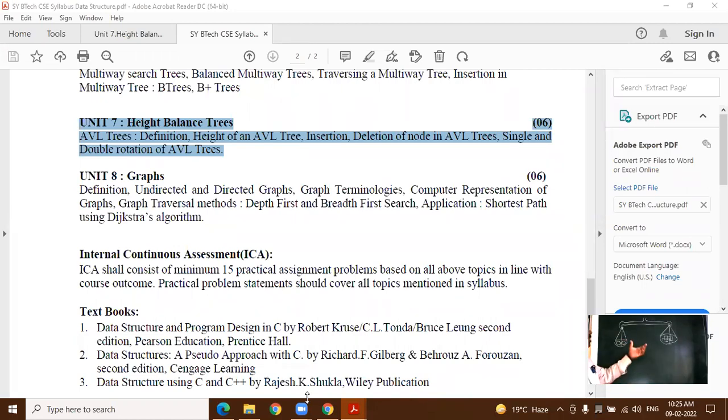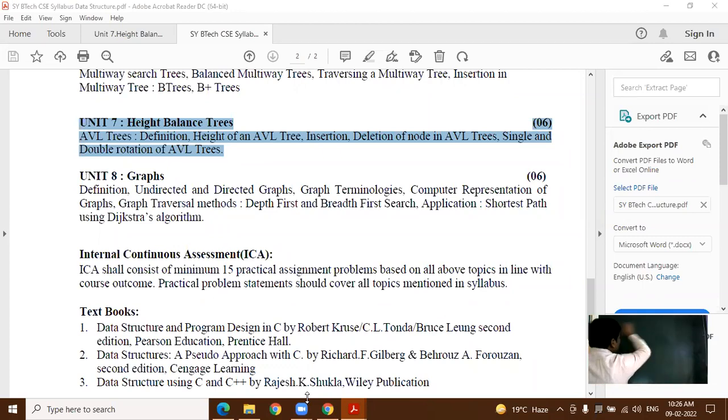You are trying to balance the things by considering this root, this center. You are balancing two things, one at the left side and one at the right side. The same concept we are applying here in the AVL tree. So how are we applying this real-time concept in our AVL tree?